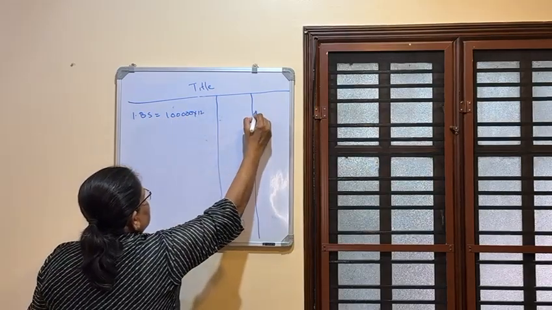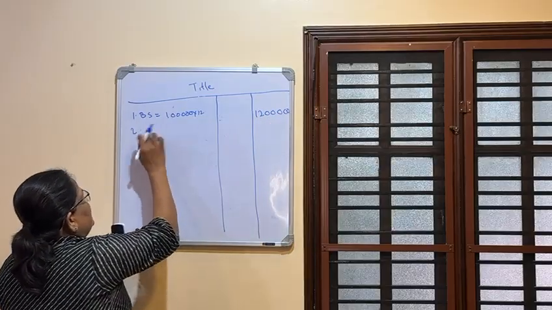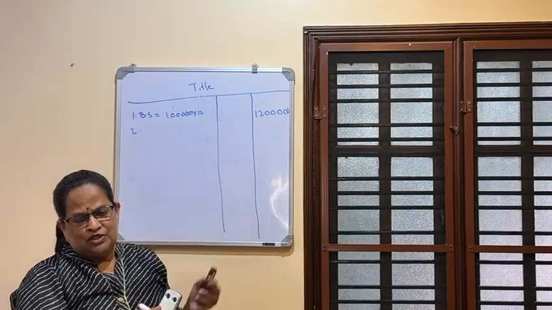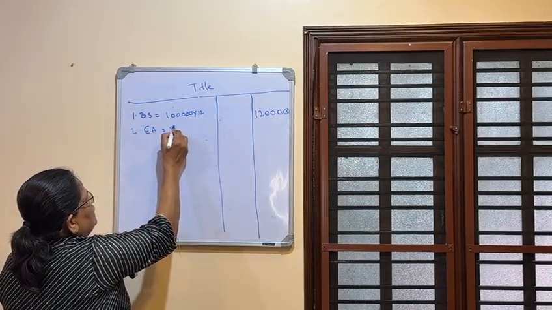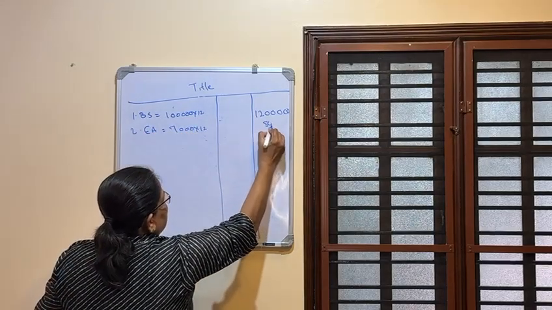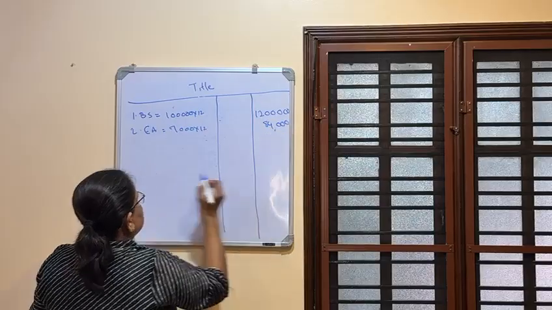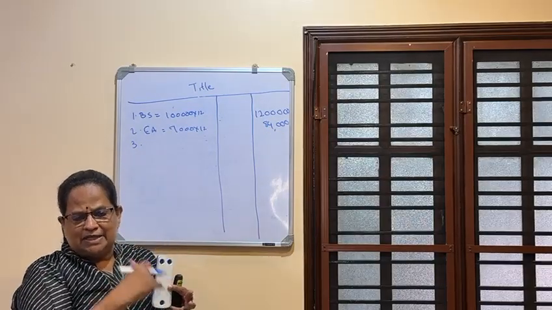It is 12 lakhs. DA we don't have to show separately because it's already included. Now entertainment allowance, 7,000 into 12. So here you have to write 84,000. This is the first adjustment for entertainment allowance. Again you have to deduct it along with the standard deduction.